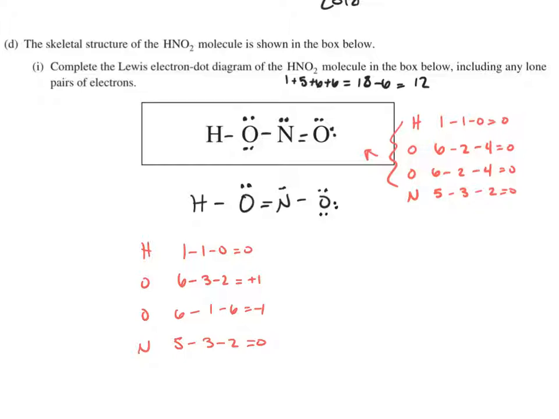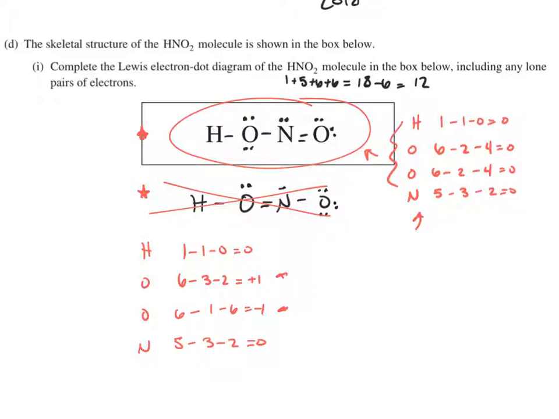So you're looking at the one on the top versus the one on the bottom, and the one on the top has all formal charges of 0, where the one on the bottom has a +1 and a -1. In some cases that's okay, but in this case, this is a better resonance structure. And so you could simply just cross this one out and say this is the preferred resonance structure based on the formal charges of the elements.